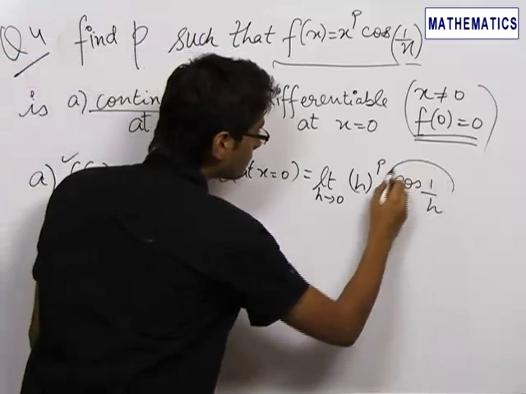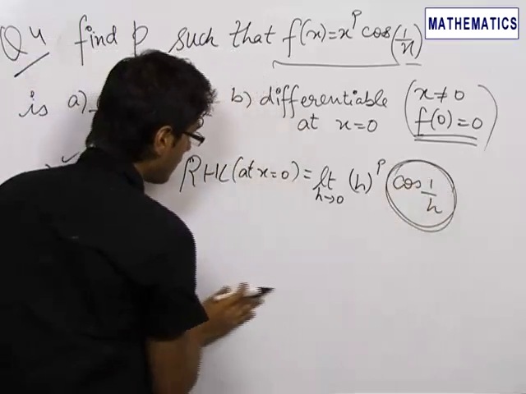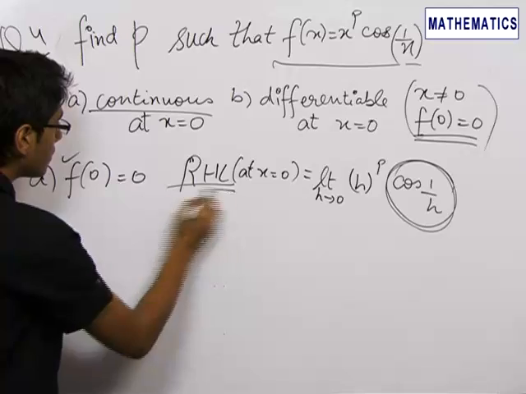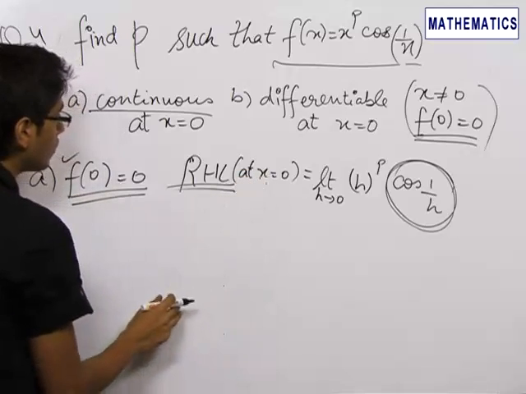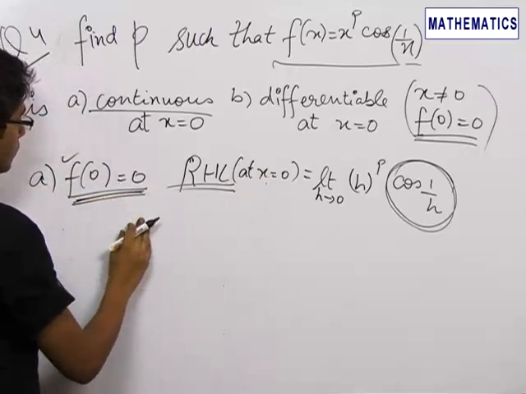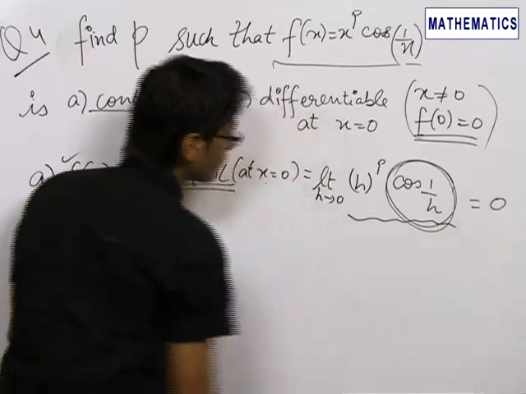Now we know that this has an oscillatory limit, and we need to find the limit and make it equal to 0, since the limit at x equal to 0 should be equal to the function's value at x equal to 0. So this should be equal to 0.